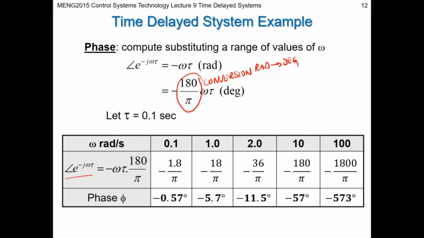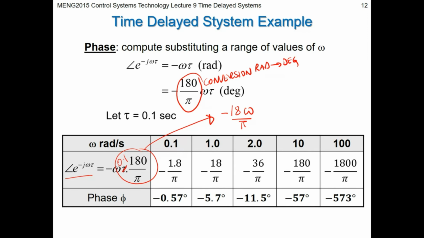We don't need to do anything with the gain, because we said already there's no gain impact. But we're just looking at the phase angle now. The phase angle is going to be minus omega tau times 180 over pi, and we said this tau is 0.1. It's really going to be minus 18 omega over pi.